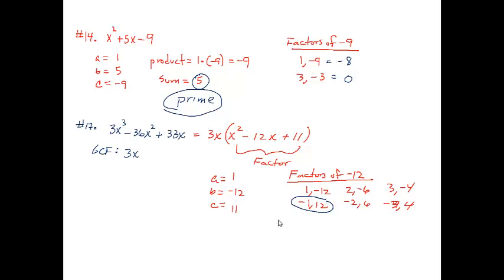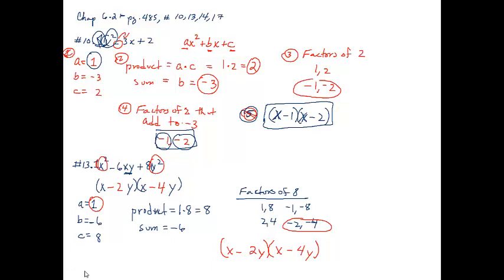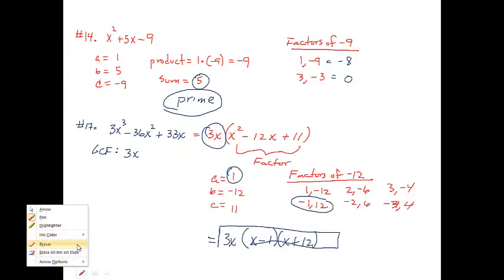It would be negative 1 and negative 11. And again, since the leading coefficient is 1, I can jump right to my answer, which would be x minus 1, x minus 11. Now do not forget the 3x is outside. And that's your final answer. That is factored completely.